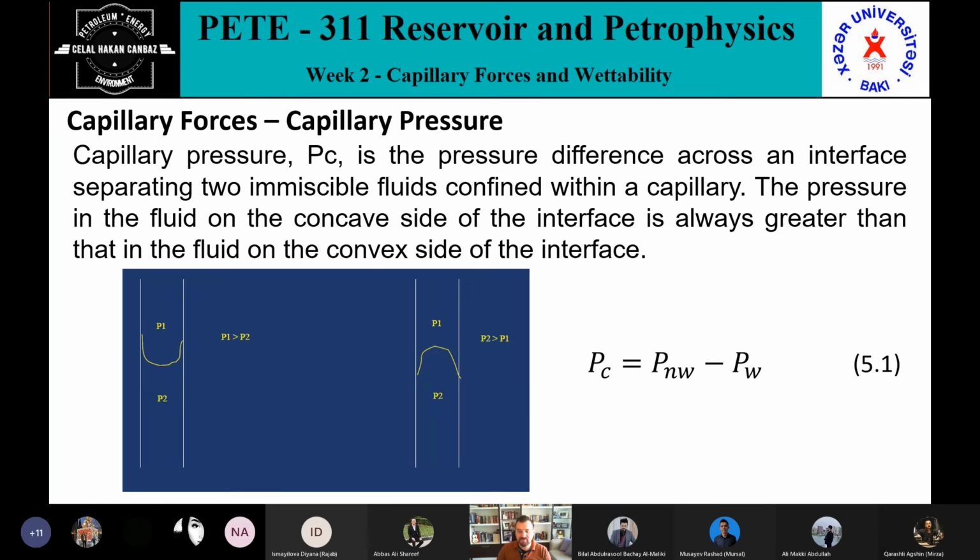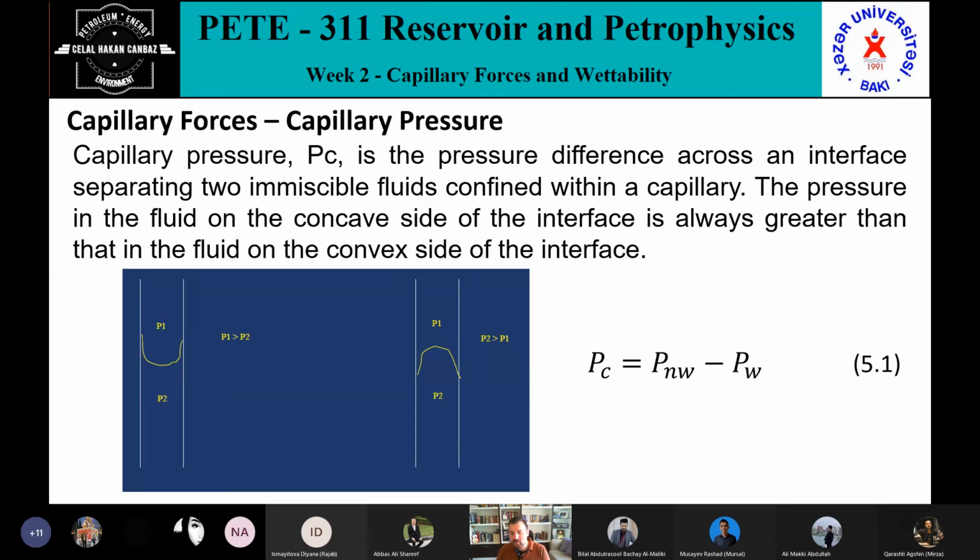Actually, the water wets the walls of the capillary, but the oil is non-wetting and rests on a thin film of the wetting fluid. So the pressure within the non-wetting fluid is greater than the pressure in the wetting fluid, and consequently the interface between the fluids is curved convex with respect to the non-wetting fluid.